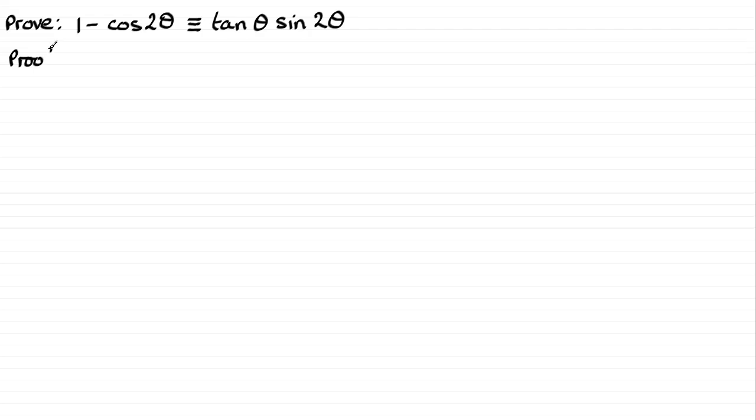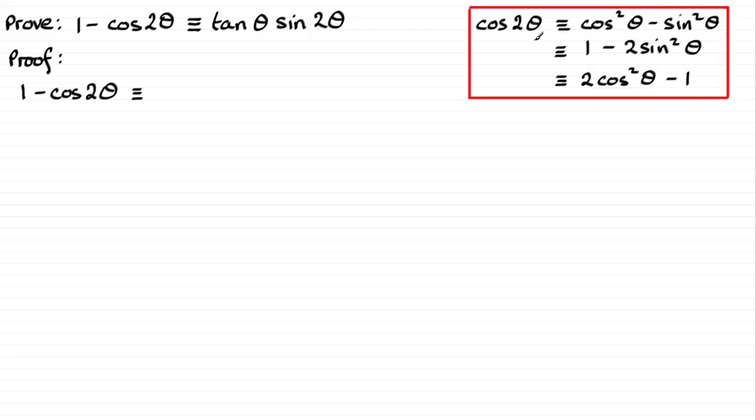Okay, so we've got proof, and I would copy down 1 minus cos 2 theta and start to think about what this is identical to. Well, you should be familiar with cosine of 2 theta, that identity. There's 3 versions for it, as you can see here. So looking at it, I can see that if I take this middle identity for cos 2 theta, then let's just mark that one up there.